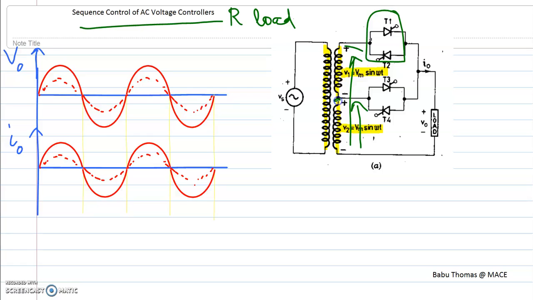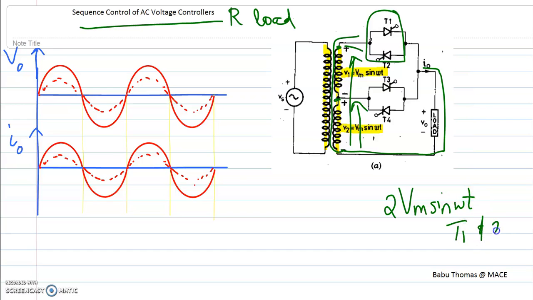That is, from this point and this point the two are added together and that entire voltage comes across the thyristor set T1 and T2. So effectively the sum of the two secondary voltages is 2 Vm sin omega t across T1 and T2, and Vm sin omega t across T3 and T4.